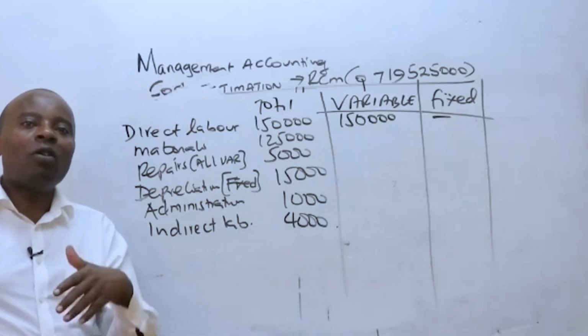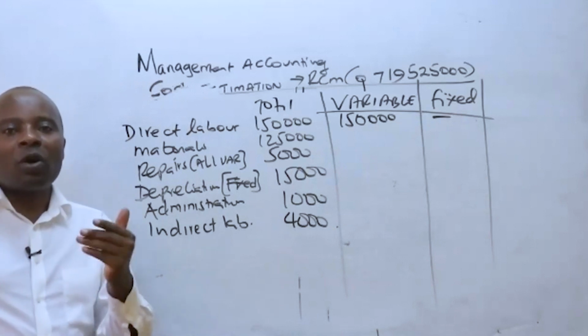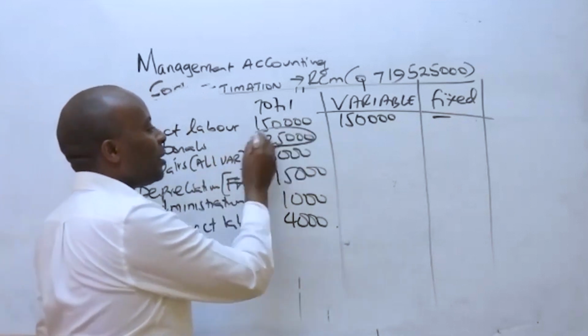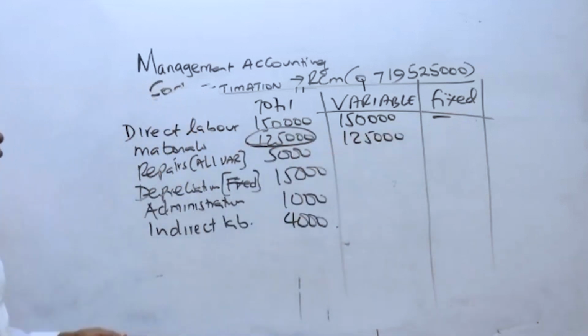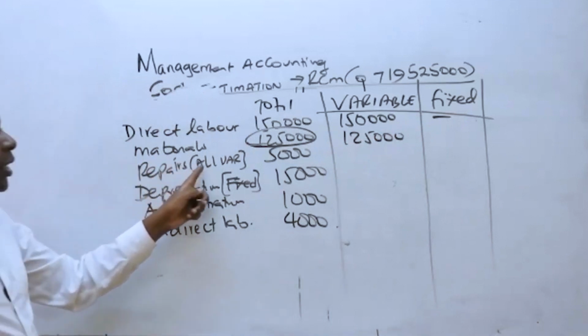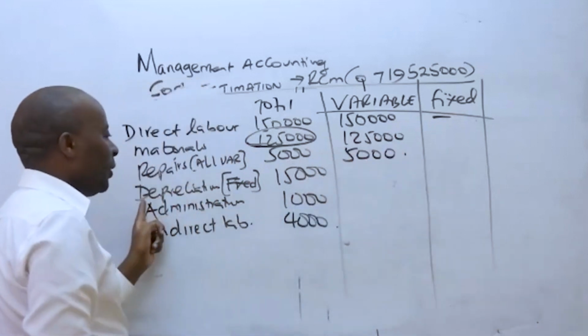The more timber we acquire, the more the timber cost will be. Unless you're told otherwise, for materials the entire figure will always be slotted under variable cost. Then we look at repairs. What have they told us? They will really guide you. Repairs, all variable, 5,000. Then we have depreciation.